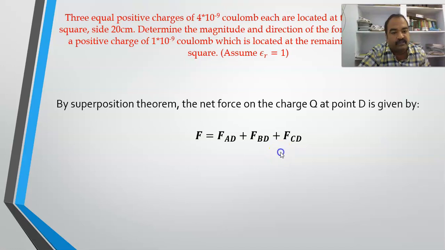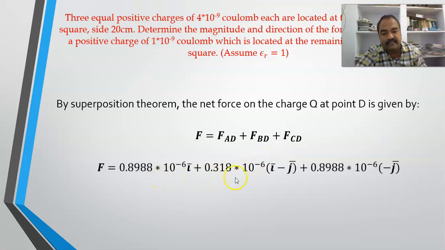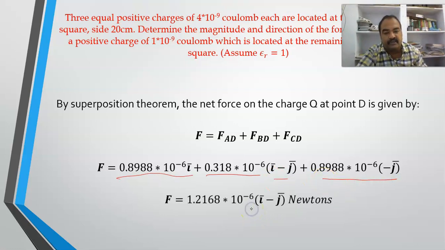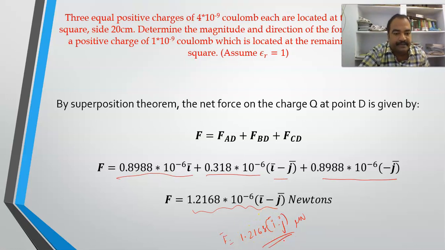So for the summation, the first one I have got is 0.8 micronewtons into i bar, this is 0.318 into i minus j, and this is 0.9 into minus j. So the summation of all these, what will I be getting? This is my force: 1.2168 micronewtons, and the direction is i bar minus j bar. This is my force.